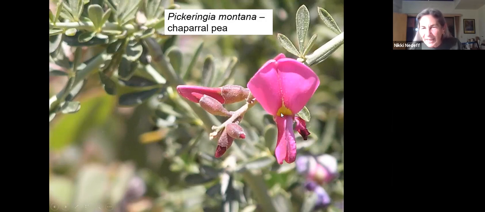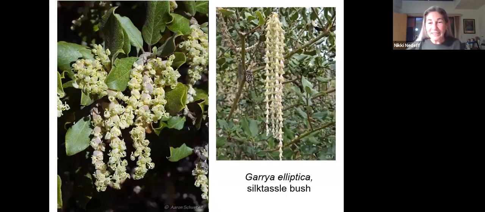Big pink banner that has this yellow guide for a pollinator. Oh, I need to be pollinated right down there. The wings are kind of pressed, and there's a keel down in there hiding, being protected by the wings. It's a really cool plant, as is this, Garrya elliptica, the silk tassel bush.